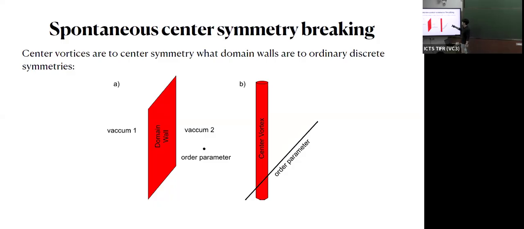So if an ordinary discrete symmetry is spontaneously broken, then you have domain walls, they're very heavy dynamical excitations. And similarly, when center symmetry is spontaneously broken, the signature of that are very heavy center vortices.